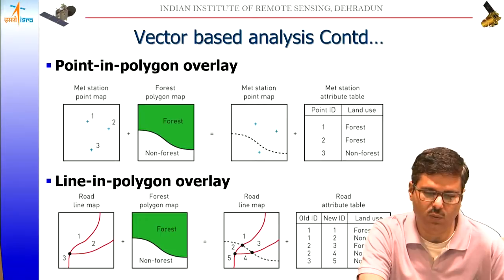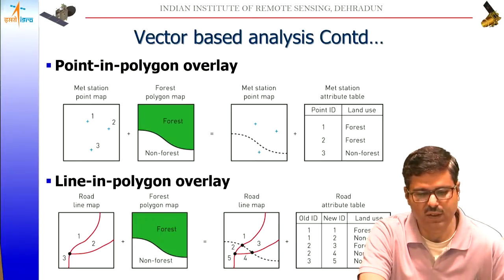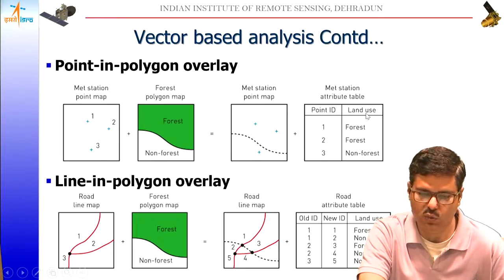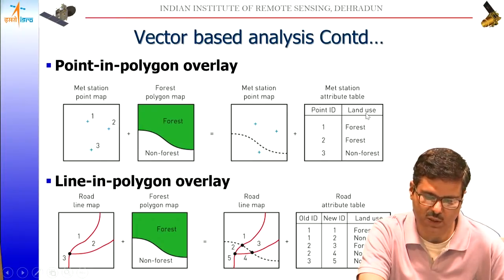The output will be of point type, with characteristics also inherited from the polygon map. If you look at this output met station map, you will see that apart from the point ID, it also contains another attribute, which is land use, extracted from the forest polygon map.